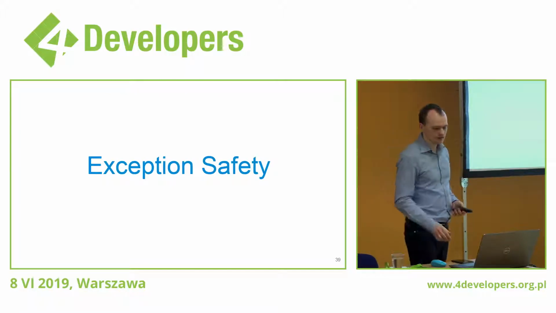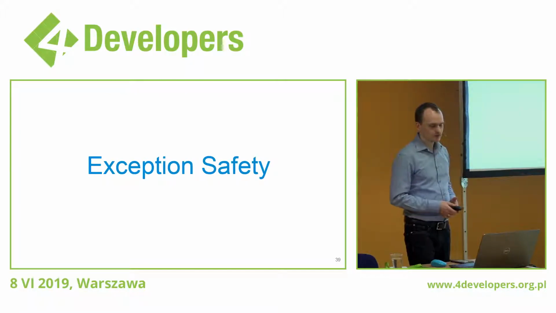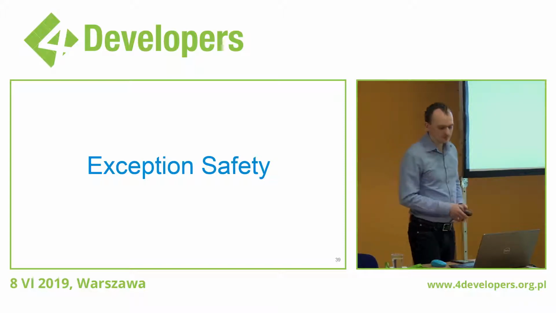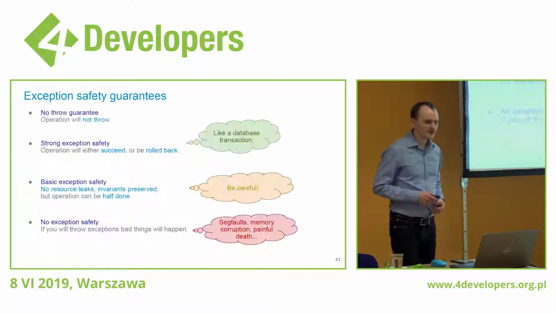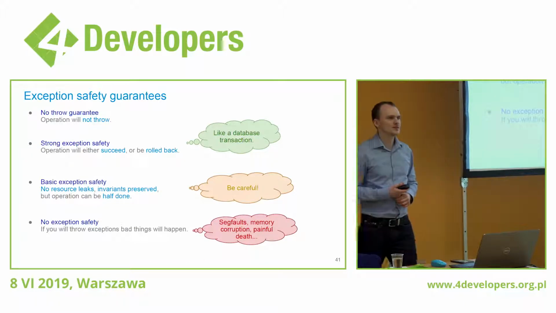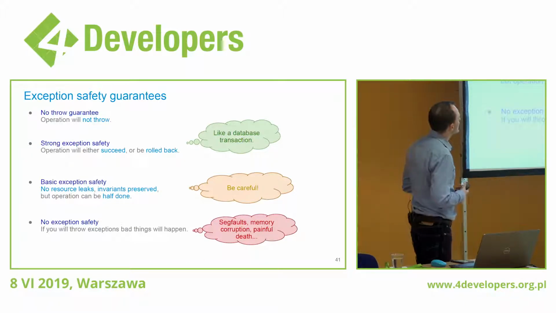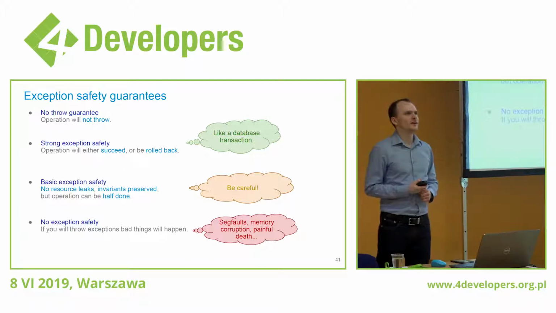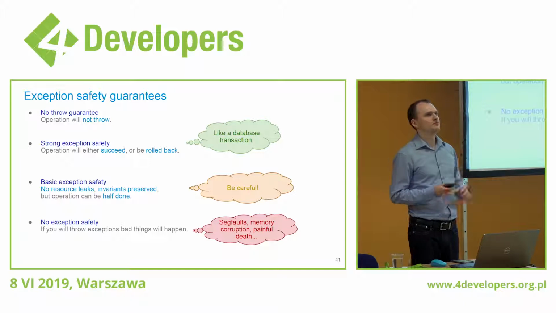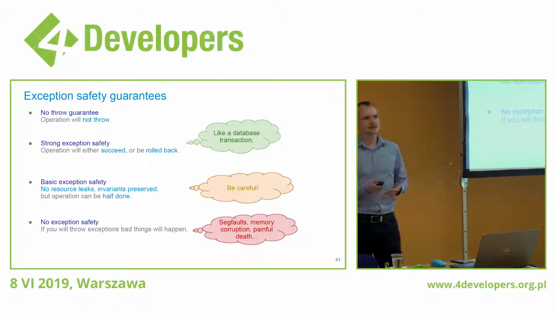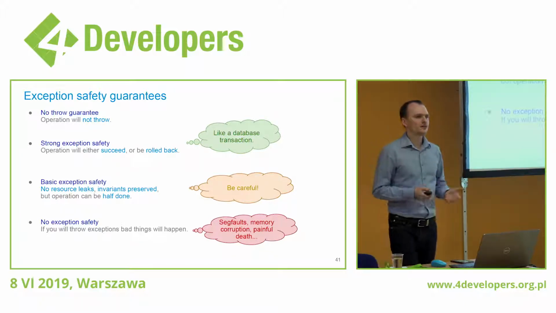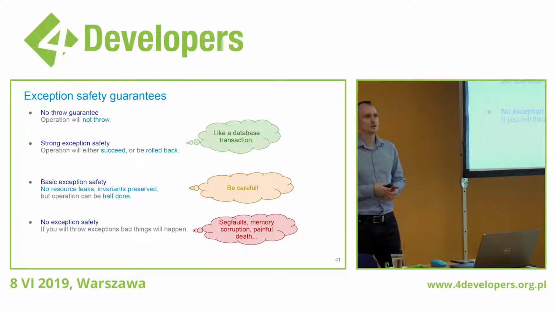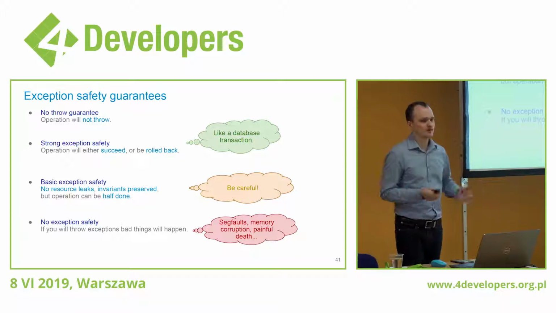Okay, now for another huge topic, exception safety. So what is exception safety? Exception safety are basically levels of how your code interacts with exceptions. So either your code has no throw guarantee, which basically means it does not throw, simple.